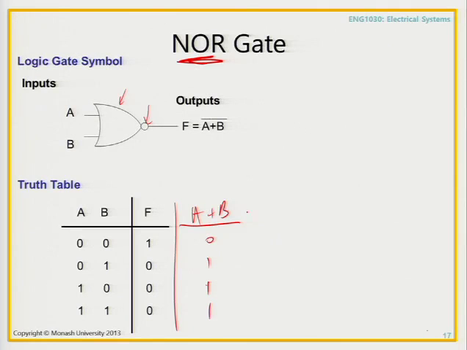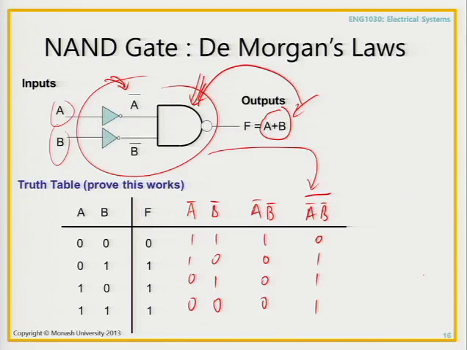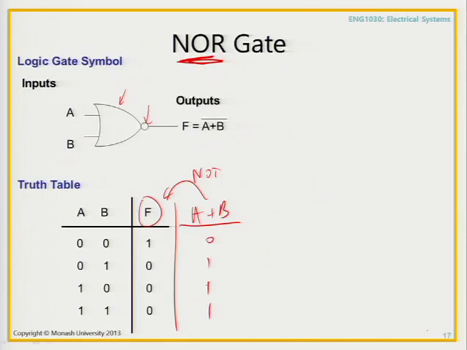Then if we take the inversion of that, we get F. So you take not A or B, gives you F. In a similar way, you can convert an AND gate into a NOR gate. I won't show it here, but it's pretty much the same thing, except you replace the AND gate with an OR gate and change the symbols. So that's a NOR gate.